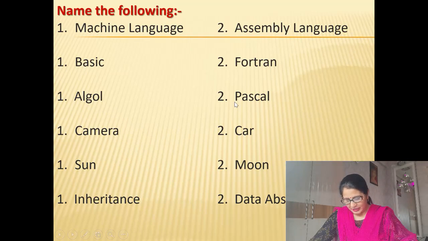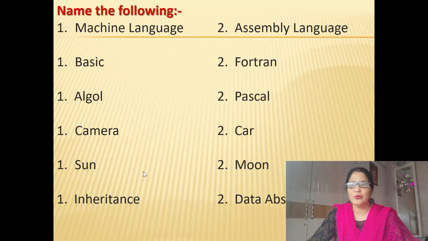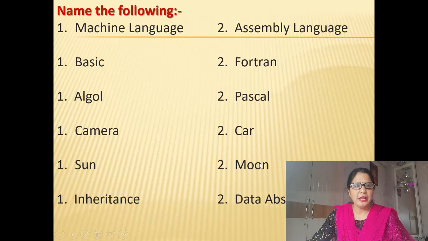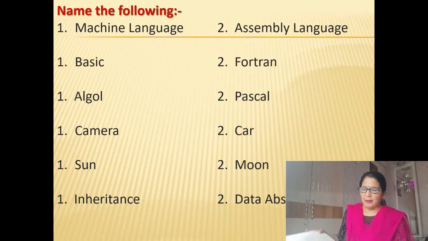Two examples of data abstraction in our daily life, I told you, camera and car. Two examples of real-world objects are sun, moon, table, chair. Many examples are there. Two basic principles of object-oriented programming are inheritance and data abstraction; polymorphism and encapsulation are also. Now, we have completed Unit 1.